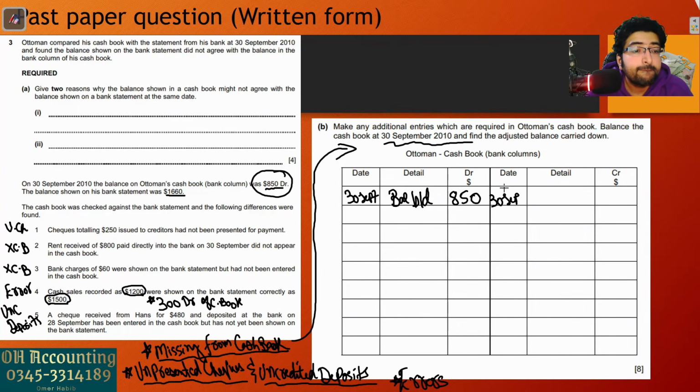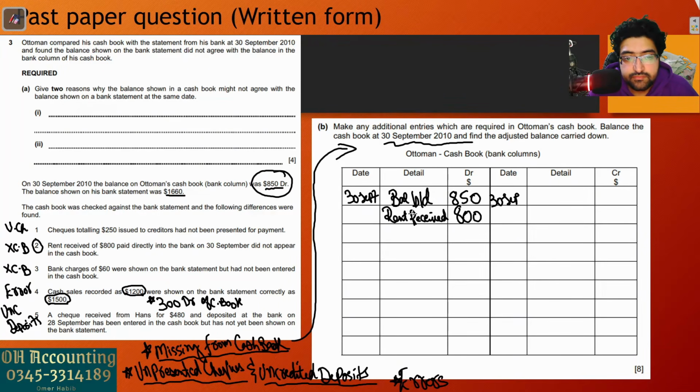Now, which things should I include here? I have to include the second one because this is not present in the cash book, as I have identified. So let's read this. Rent received of $800 paid directly into the bank. When you receive rent, on which side of the cash book should it come? You're receiving money for rent. So obviously we will use the debit side and we will write rent received.